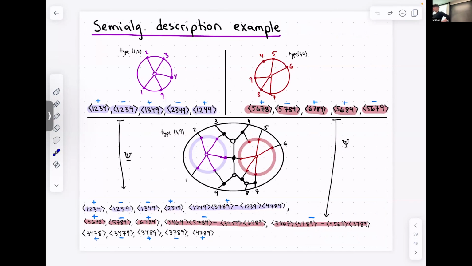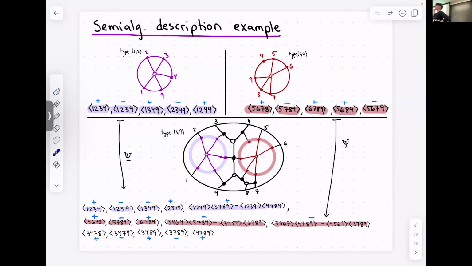And just to give you an idea of the signs, for the easy cluster variables, they're really easy to predict. I think I wrote things in a funny order here, but for the easy cluster variables, it's just alternating: plus, minus, plus, minus, plus, as long as you put them in the right order. And then the signs change when you apply the psi map. This change is easy to write down in a paper and cruel to expose you to in a talk. It depends a bit on the degree of the variable that you're applying psi to.